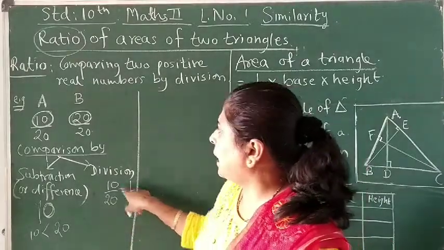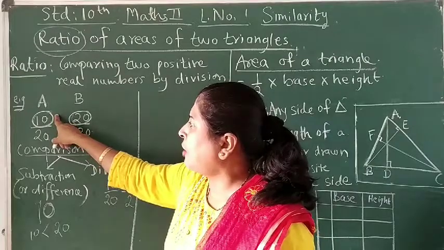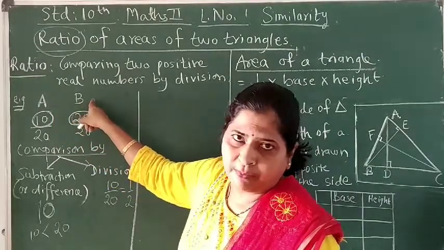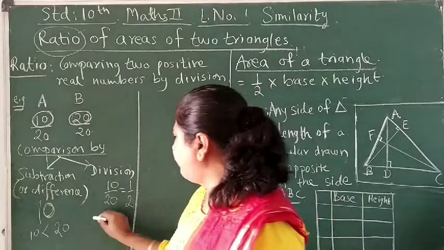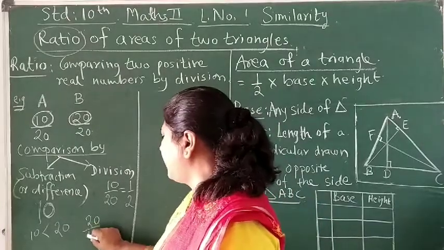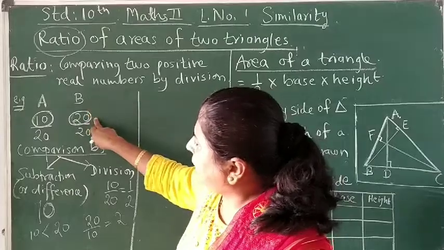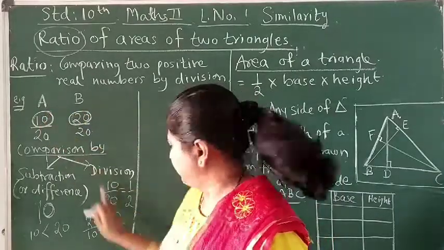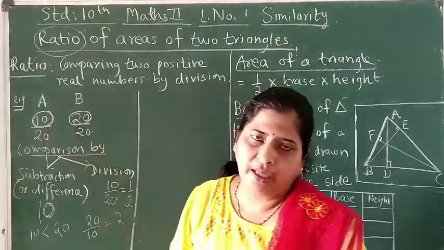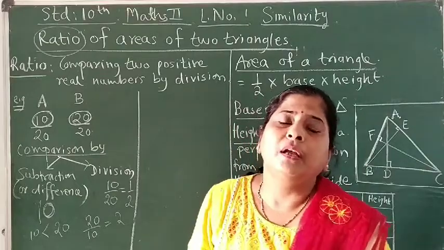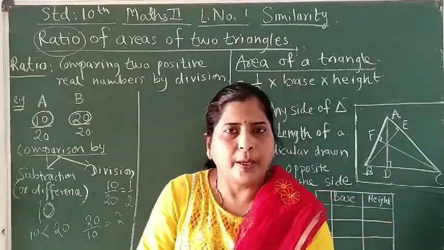This means A has got half the marks of B. And if we do it the other way, dividing 20 by 10, we get 2. So we can say child B has got 2 times the marks of child A. These are the two ways of doing comparison.